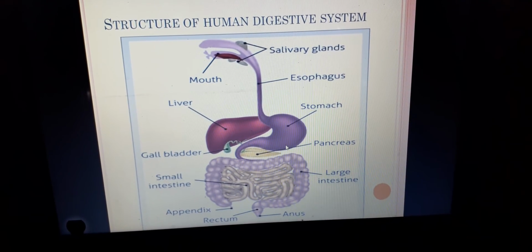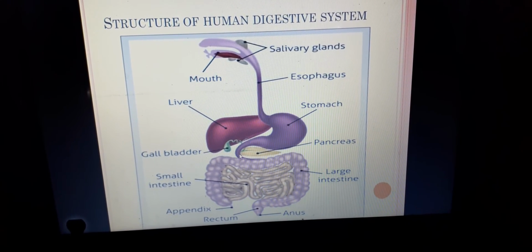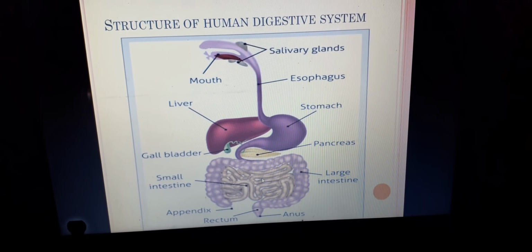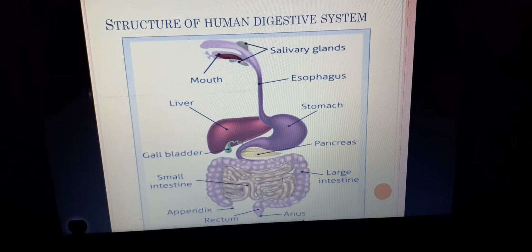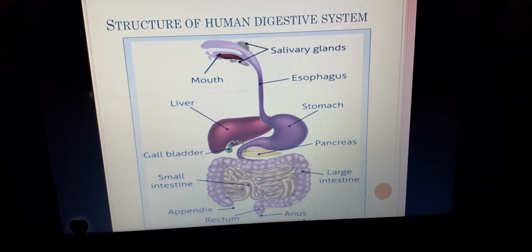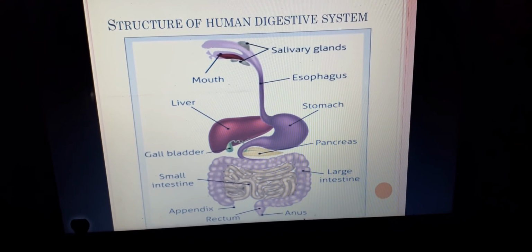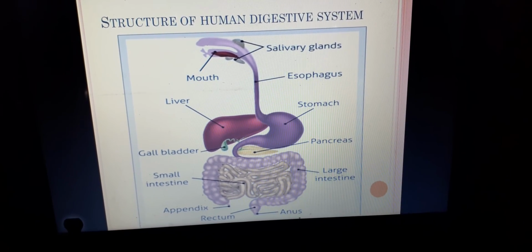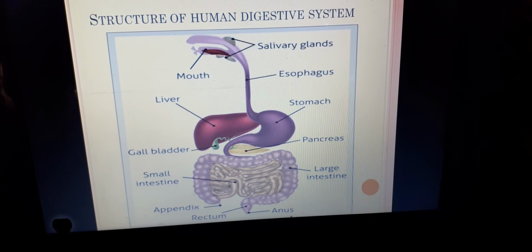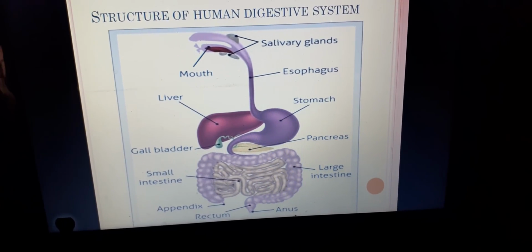After the stomach, the next part is the small intestine. You can see it is a long, coiled and folded structure found in our abdomen. It is a long coiled narrow tube located below the stomach.